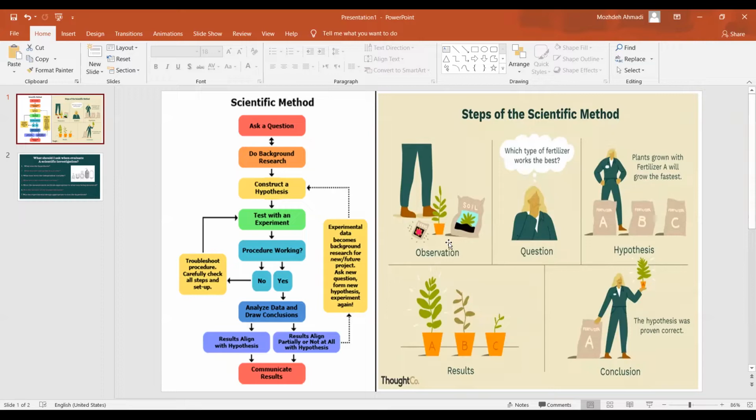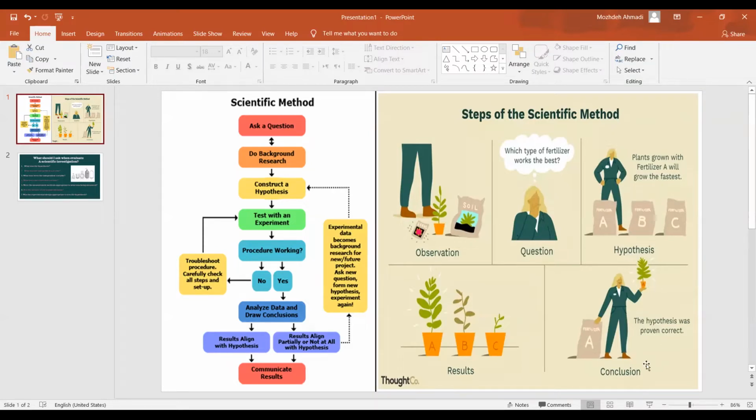If I choose fertilizer A, B, or C, I should choose just one of them. For example, here they choose A. If I use fertilizer A, then the plants grow faster. So my hypothesis is: if I use fertilizer A, the plants grow faster.